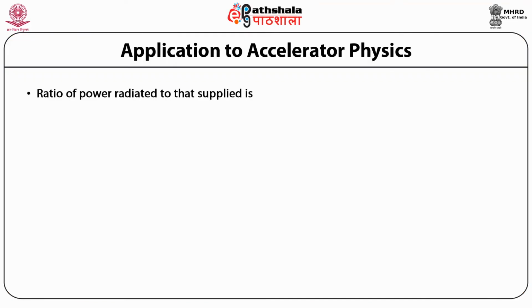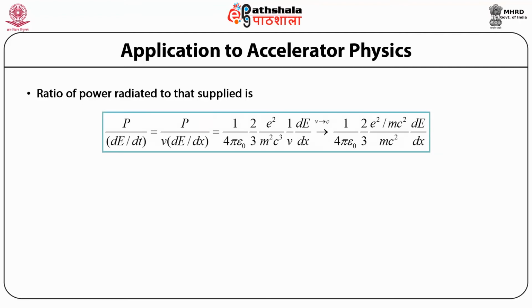The ratio of power radiated to power supplied by the source is given as P divided by dE by dt equals P divided by v into dE by dx equals 1 divided by 4 pi epsilon naught into 2 by 3 into e square by m square c cube into 1 by v into dE by dx, which tends to 1 divided by 4 pi epsilon naught 2 by 3 into e square by mc square divided by mc square into dE by dx, where the last form holds for relativistic energy, so that v tends to c.